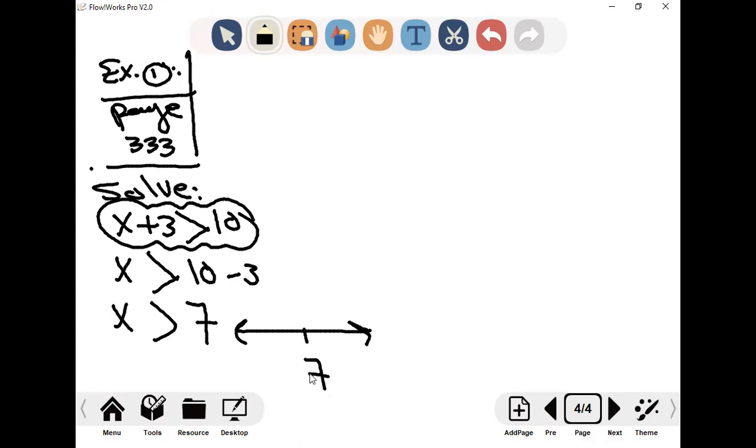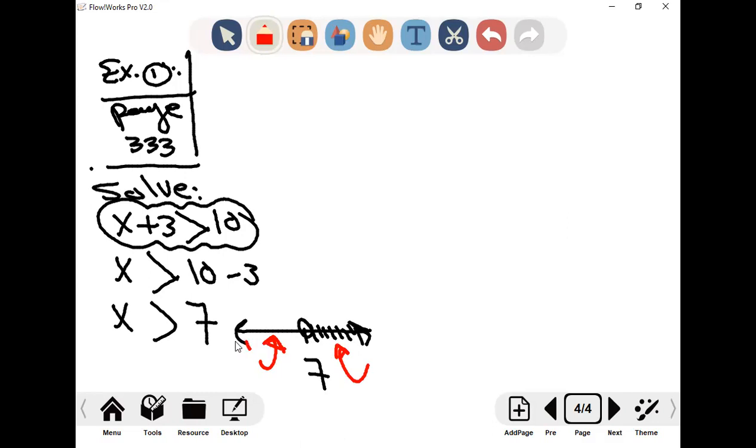This is the 7. x is more than 7, so I will go to the right. Open circle because there is no equal sign. Now how do we check our solution? Let's choose a number here and a number here. Choose a number here, less than 7. 1. 1 is less than 7.